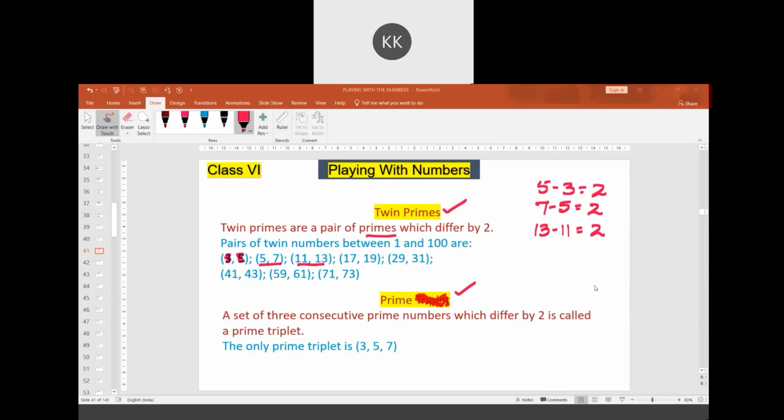Sir, 2 and 3 are understood, co-prime numbers. Then why were you showing different emojis, sir? Sir, 3 and 4 are co-prime, sir. See, here in the class, we are not playing any competition and it's not a game. Isn't it?